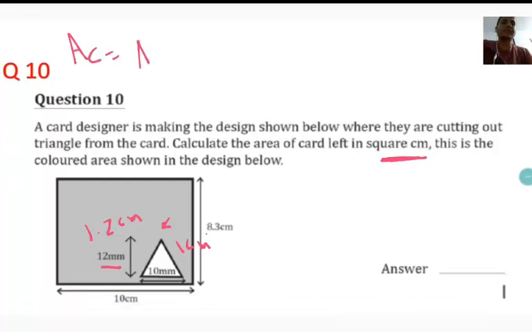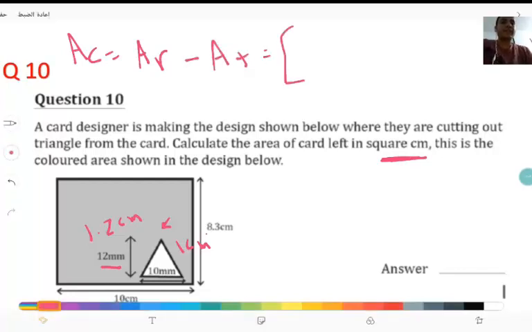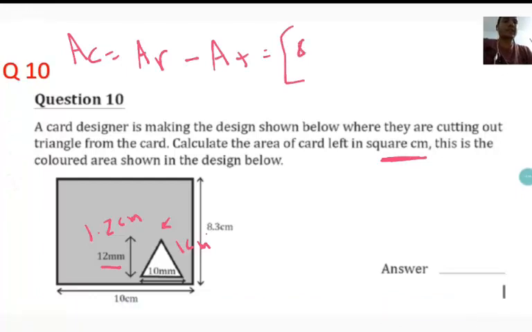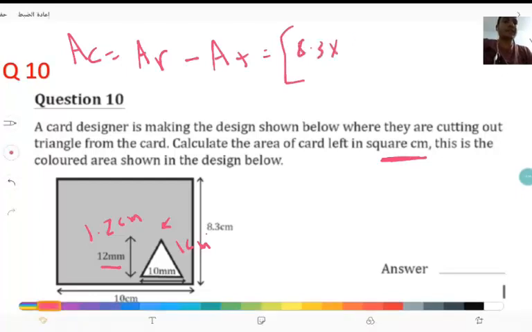Area of card equals area of the big rectangle minus the area of the triangle inside. Let's apply that. Area of the rectangle is 8.3 multiplied by 10 centimeter, width times length. Subtract the area of the triangle. As you know, area of any triangle is height times base divided by 2.